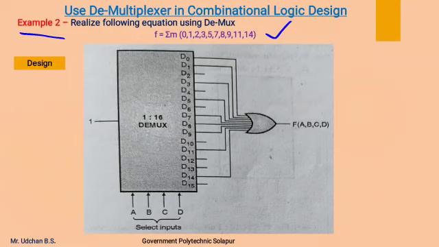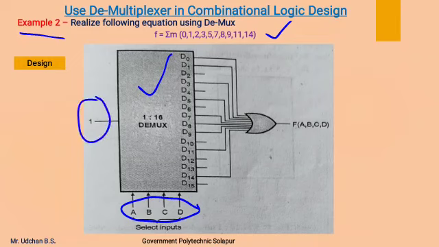So we are using a demultiplexer which has 4 select lines, and the variables a b c d are connected as input to this demultiplexer, which will select any one of the output lines based on the logic. Data input is connected to logic 1.